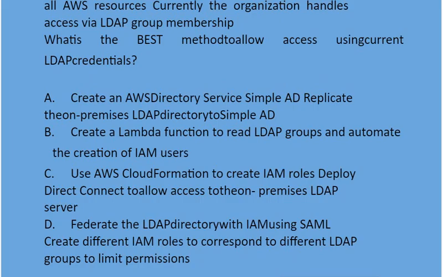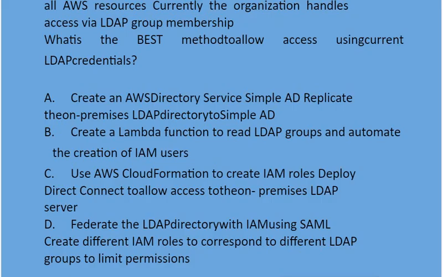Option A, create an AWS Directory Service Simple AD, replicate the on-premises LDAP directly to Simple AD. Option B, create a Lambda function to read LDAP groups and automate the creation of IAM users.